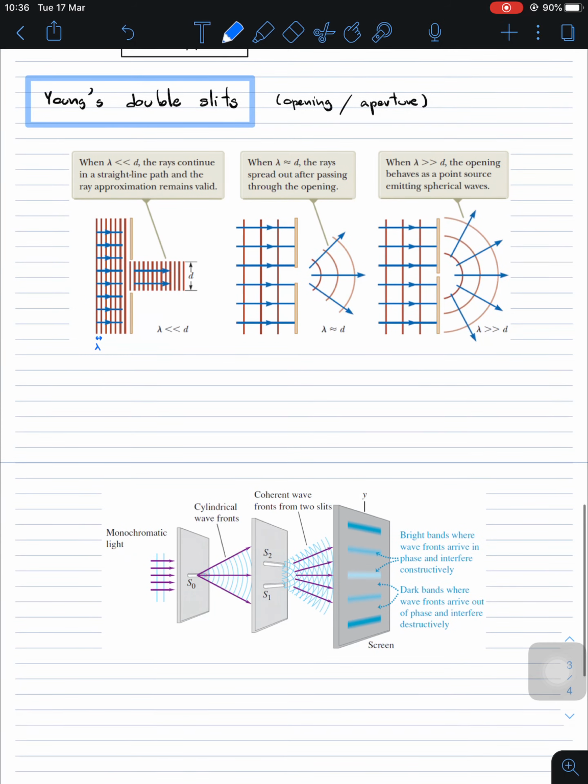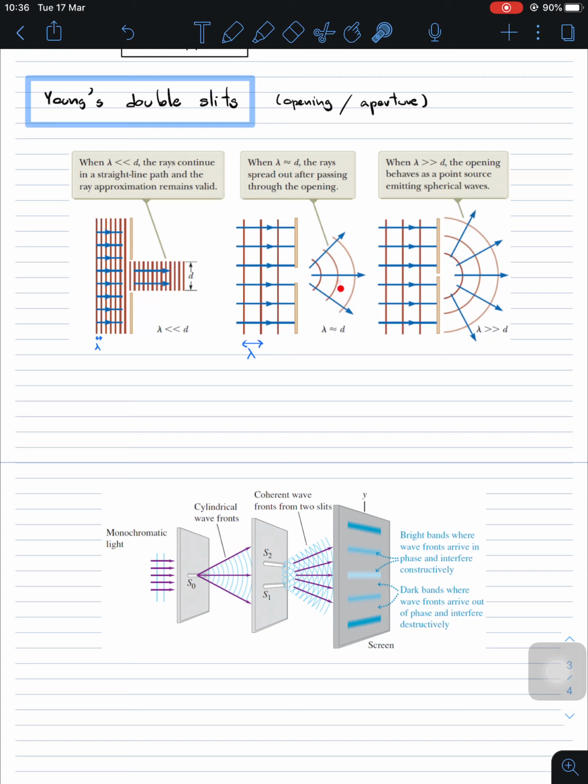On the other hand, if the wavelength is about the same size as the size of the hole, with this picture, this is the wavelength and this is the size of the hole, just the same thing, the wave will be diffracted in some direction.